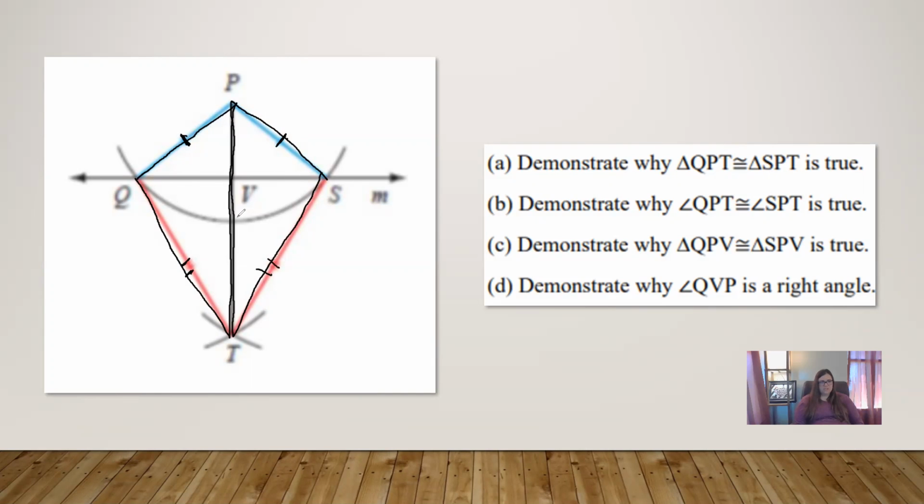We have these lines to ensure that it is perpendicular, and as well, this is a straight line. And this is obviously the same line. So these are the same. This is true.